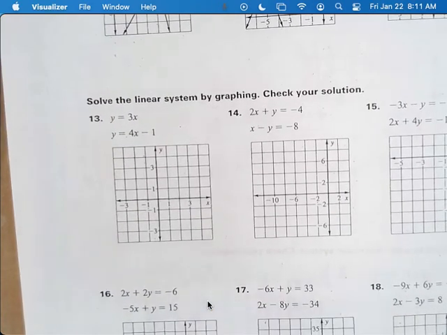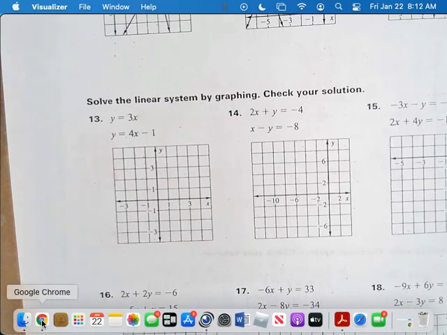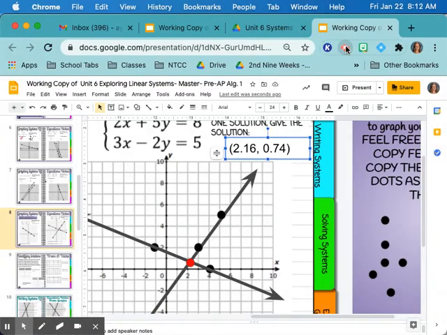And then staple your work to your assignment. You can also use the calculator to check your work, just like I taught you how to graph and then check your intersection point. Okay, so y'all are going to finish that the rest of the class period.